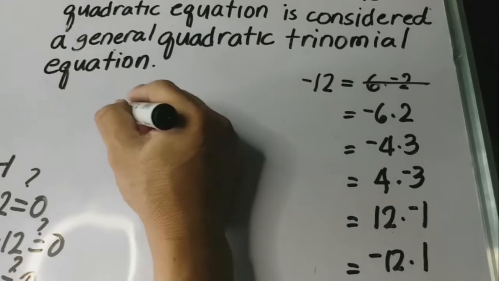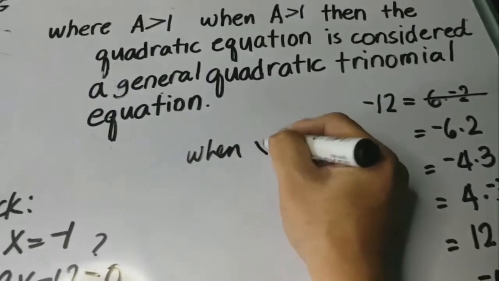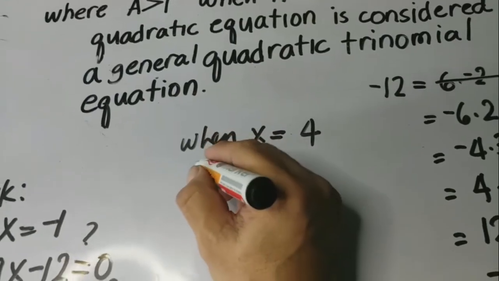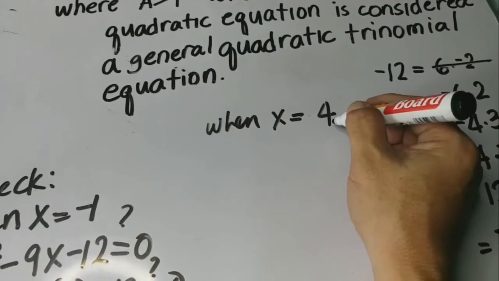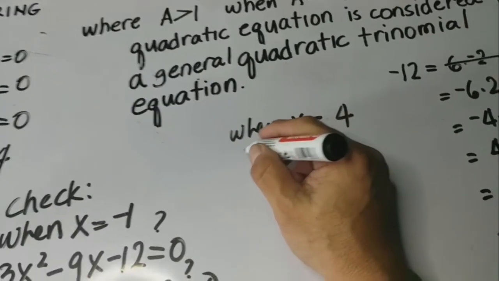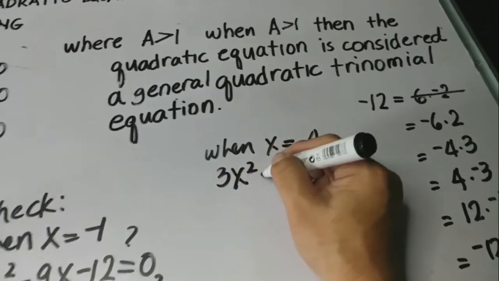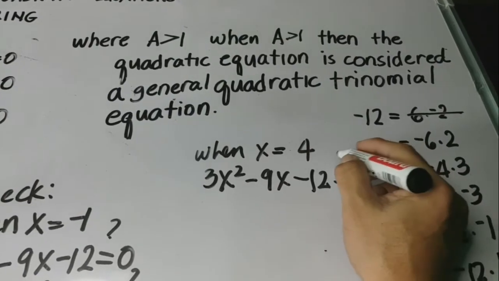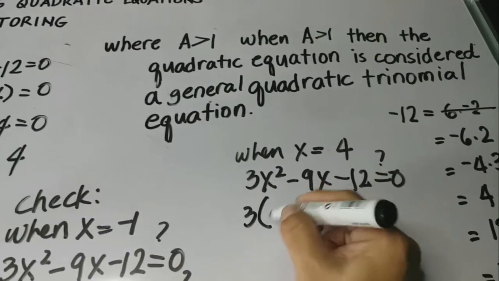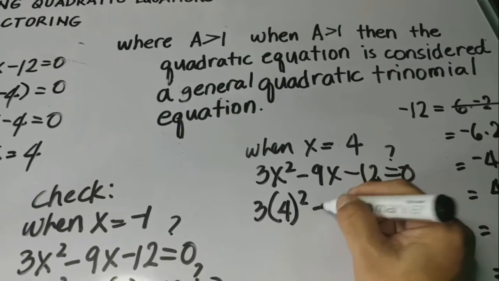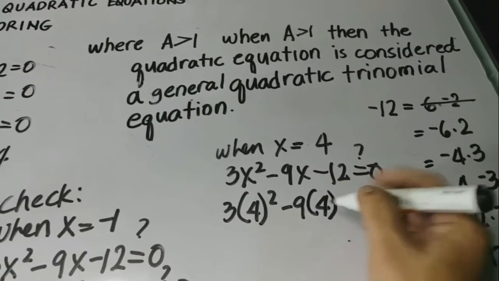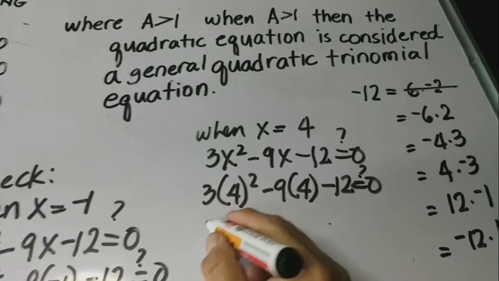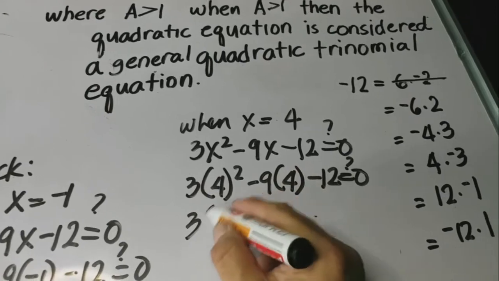Okay, when x is positive 4, then substitute the value of x, which is 4, to the original equation, 3x squared minus 9x minus 12 equals 0. 3 times 4 squared minus 9 times 4 minus 12 equals 0. 4 squared is 16.